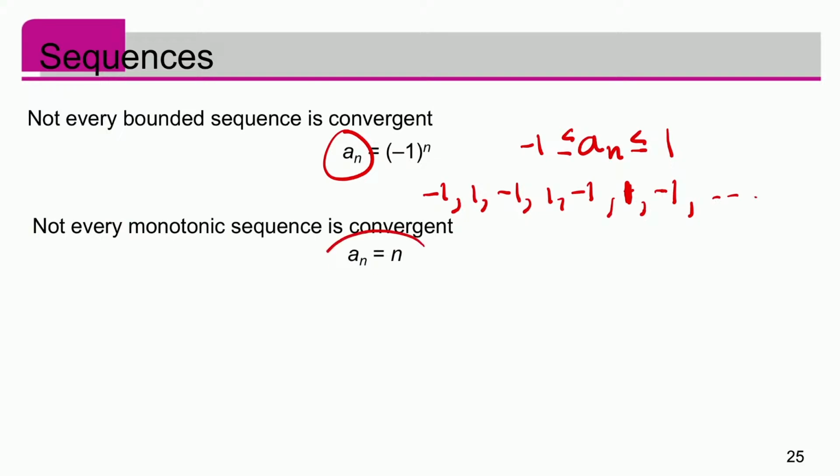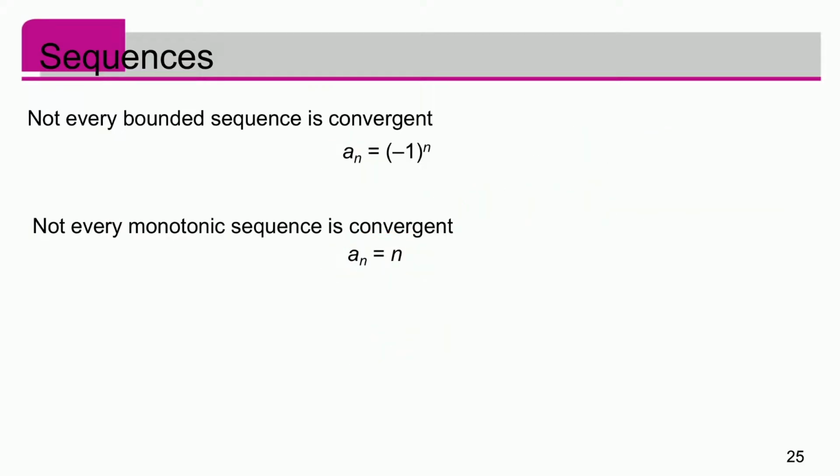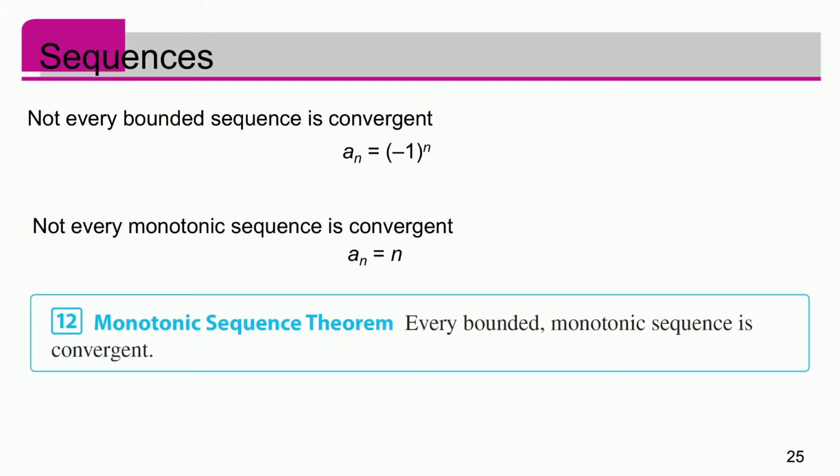And then this is a monotonic sequence, 1, 2, 3, 4, 5, but it does not converge. However, if you have a monotonic and bounded sequence, that will converge. So if you know that it is always increasing, and if you know that it's bounded, then you're for sure going to converge. Or if you're always decreasing and you're bounded, you'll always converge.